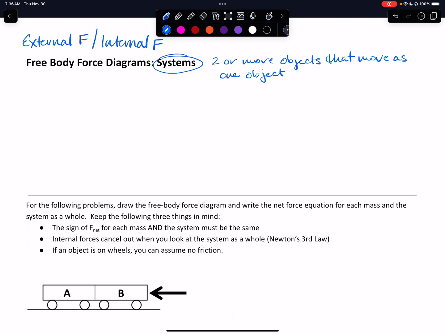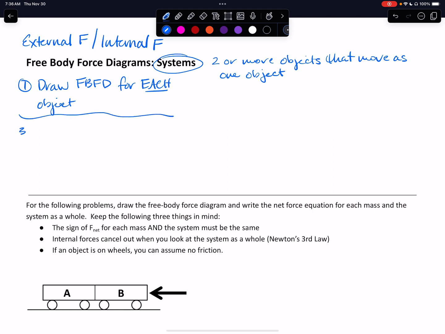All right. So when we put together these diagrams, I always start by drawing the free body force diagram for each object within that system. So if you have two objects, you're going to draw two. If you have three, you'll draw three.